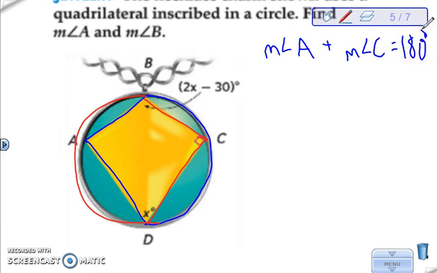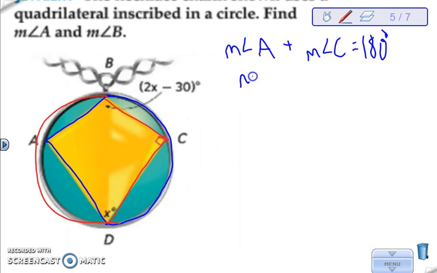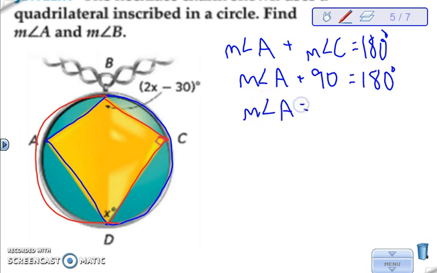Therefore, A and C must be supplementary. And there we go.